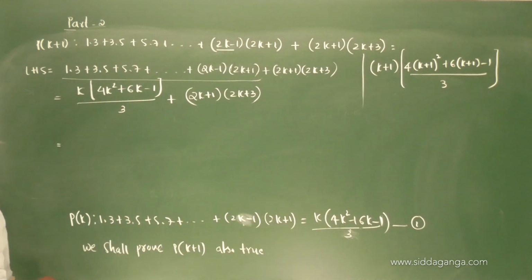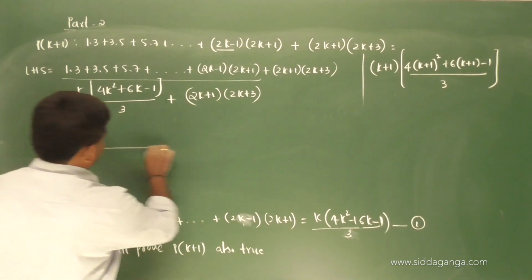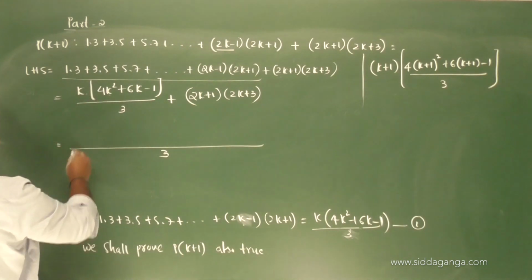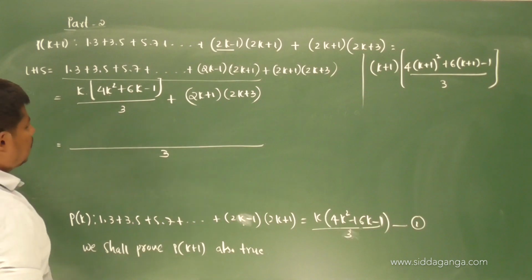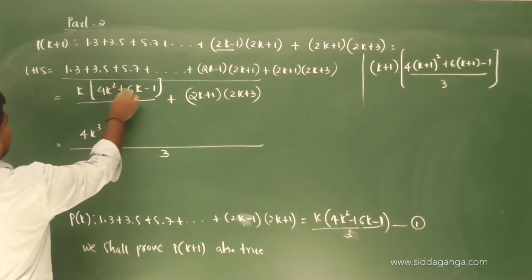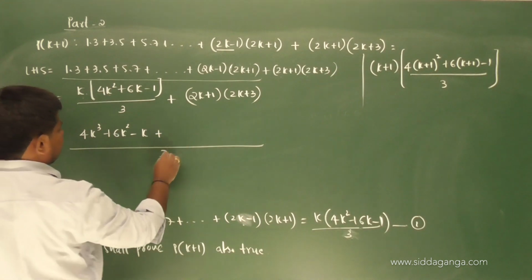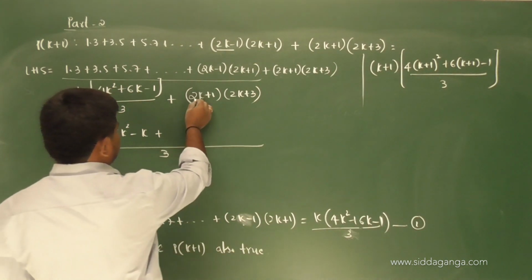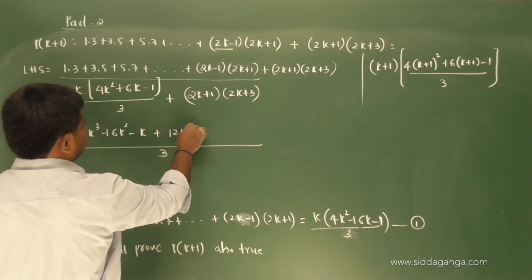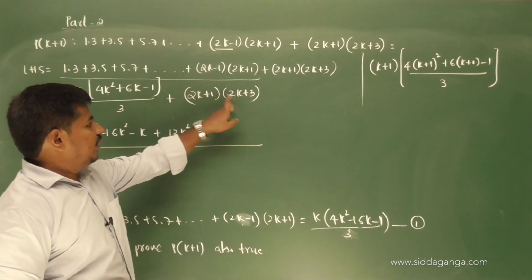Same as before, students. As I said before, you simplify now, that's it. But here, you should be careful. You follow like this: 3 into 4k square into k, so you get 4k cube, 6k square minus k, plus 3 into 2k into 2k, 4k square, 4 threes are 12k square, and 2k into 3, 6k, and 2k into 1, so 2k.